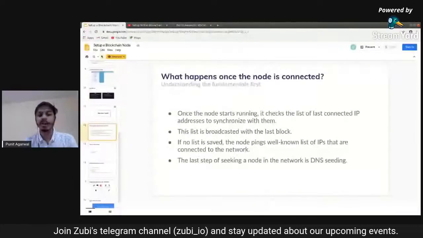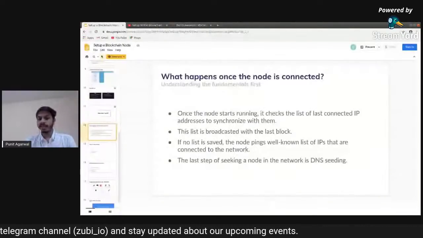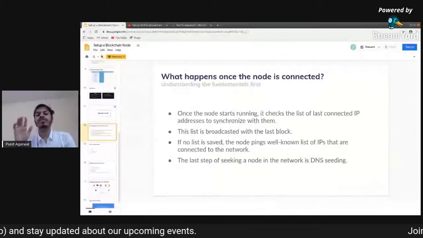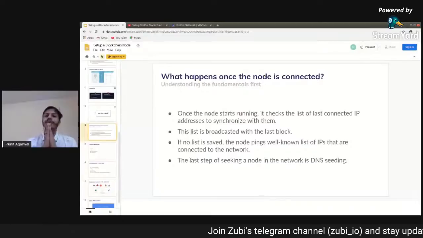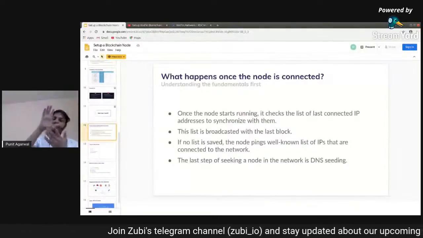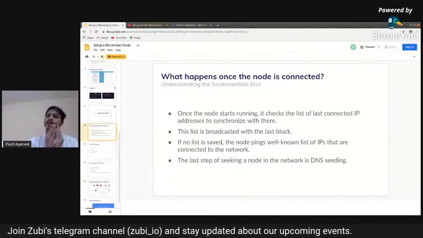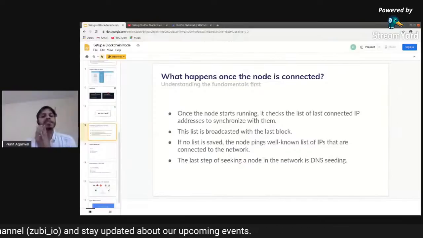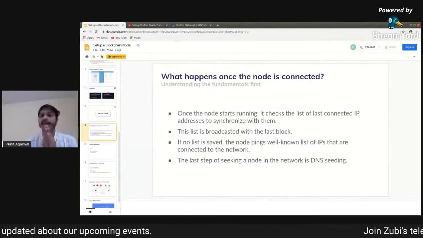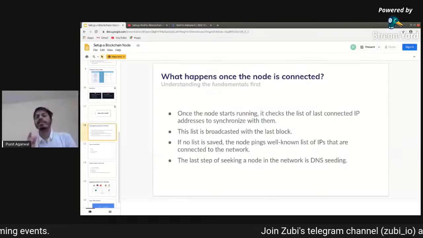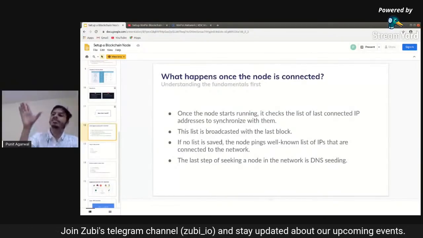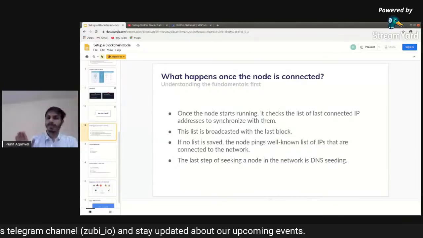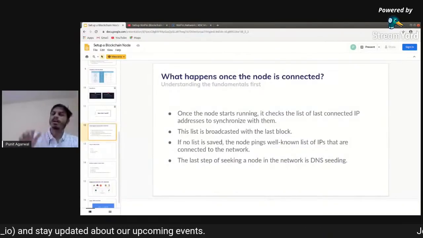So if no list is saved, the node will ping a well-known list of IPs. There can be a case where there are no IP addresses at all, if a blockchain is starting for the very first time. Whenever a blockchain is being started, they will have a list of pre-known IP addresses. This is for the initial nodes or for the nodes who cannot find any list.